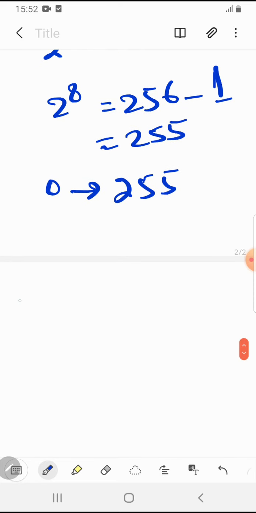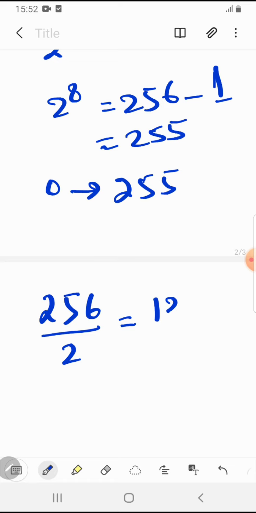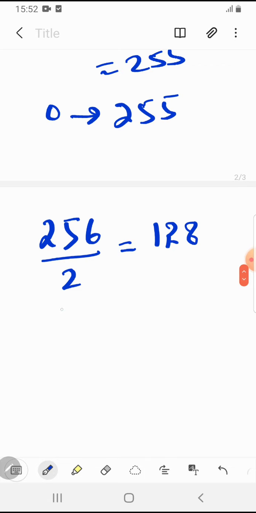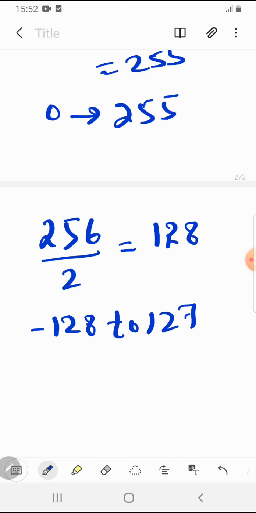Similarly, if you talk about the signed numbers, then you first have to divide the total numbers in half. So we have 256 total numbers. If you divide it by 2, you will get 128. Now if you want to include 0, since 0 is neither positive nor negative, you will consider it in the positive range, and that's why you will have from minus 128 to 127.